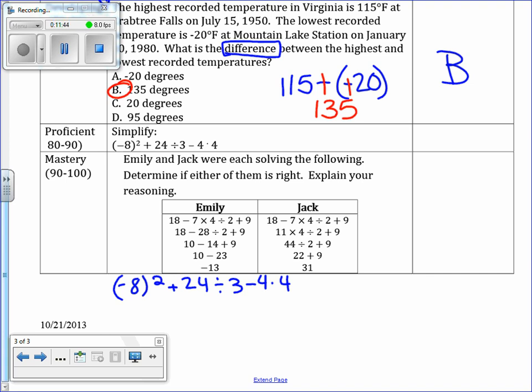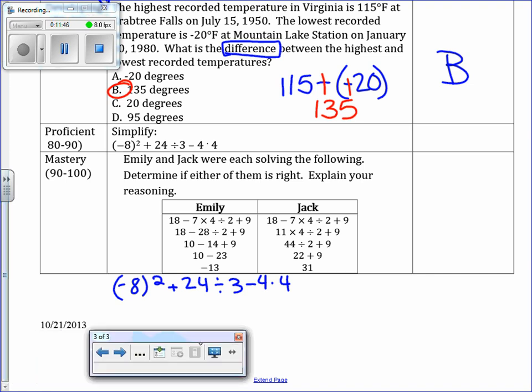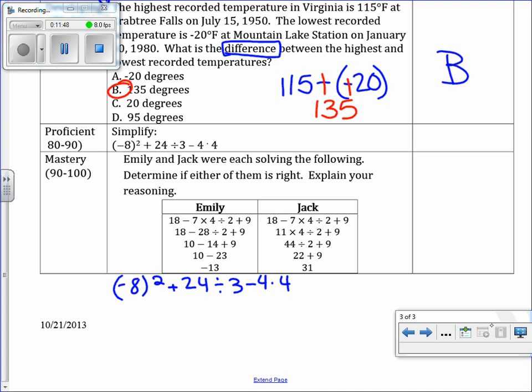This is where I would highly suggest drawing some alleys so you don't mess up. I'm going to draw my alley here from my plus sign, here from my negative sign. That's going to let me go ahead and do all the math in this alley here, all the math in this alley here, all the math in this alley here, and then finally add or subtract going left to right.